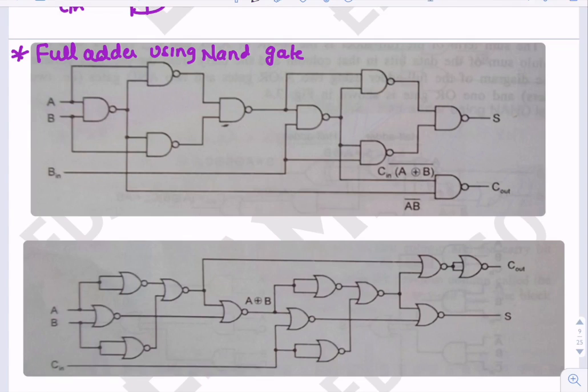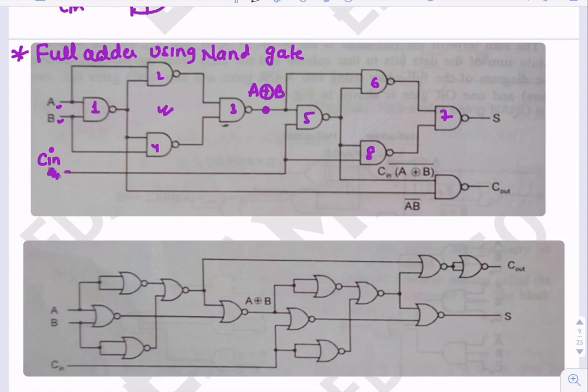Okay, so we know that 4 gates are needed, 1, 2, 3 and 4, to produce the XOR of two inputs A and B. So this is A XOR B. And this is your carry in. So 1 2 3 4 are designing one XOR gate, 5 6 7 and 8 are designing another XOR gate.